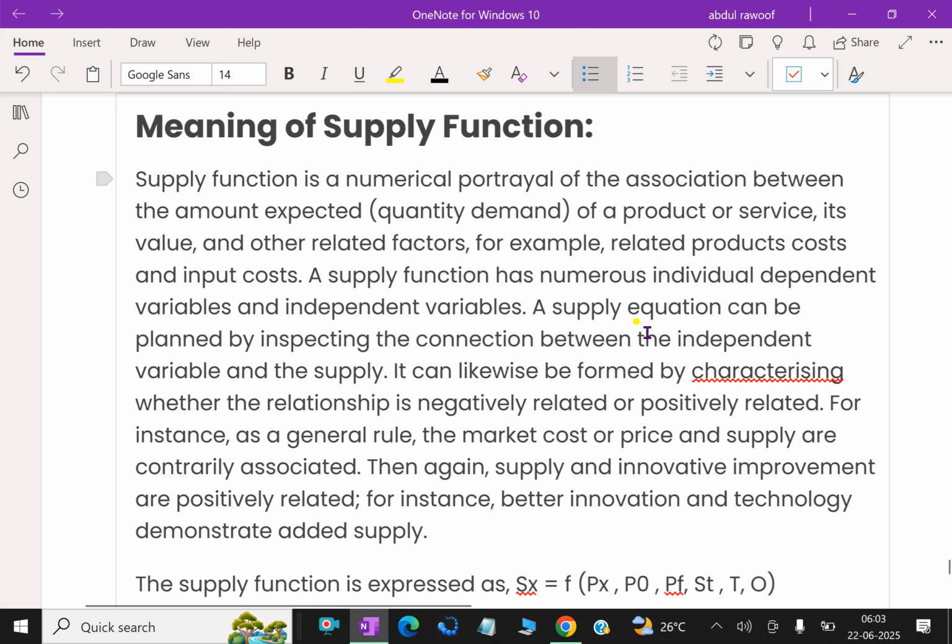A supply equation can be formed by inspecting the connections between the independent variables and the supply. It can likewise be done by characterizing whether the relationship is negatively or positively related. For instance, as a general rule, market price and supply are positively associated. On the other hand, supply and technological improvements are positively related. For instance, better technology indicates added supply.